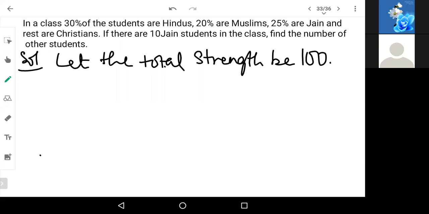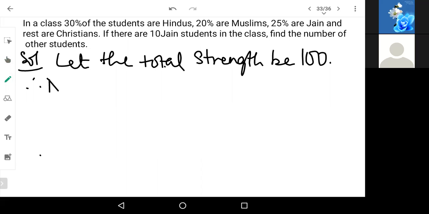Now let us find out the percentages. For Hindus there is a percentage given, for Muslims there is a percentage given, for Jains also, but there is no percentage given for Christians. So let us find that percentage.